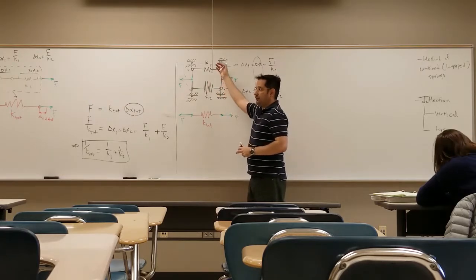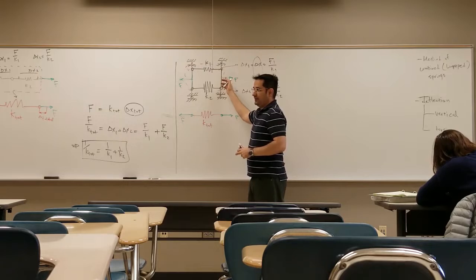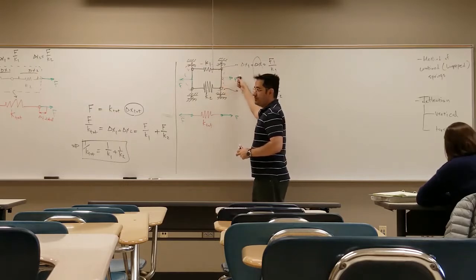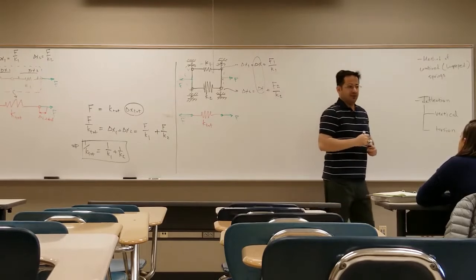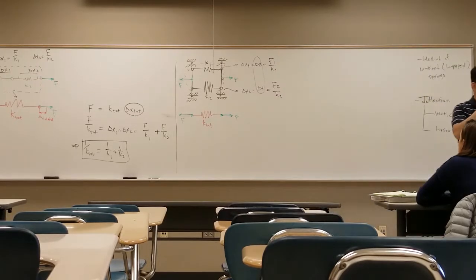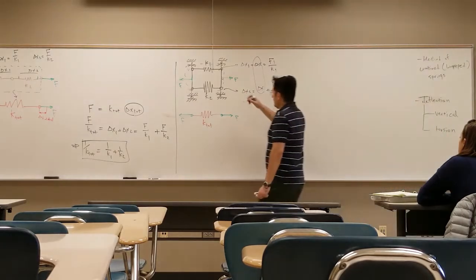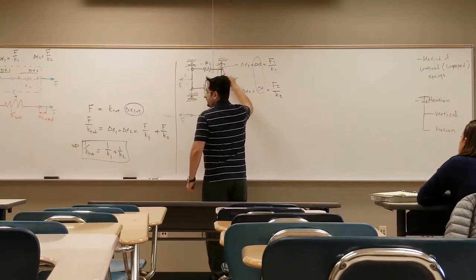You see that their summation is equal to F, because when you apply force here, it's going to be shared between these two springs. F1 is not necessarily equal to F2, and it's not equal to F. Take this as a system and write the free body diagram.